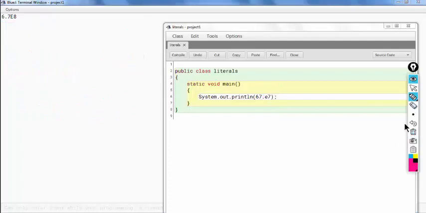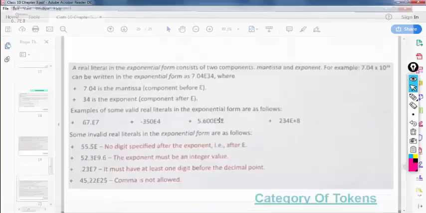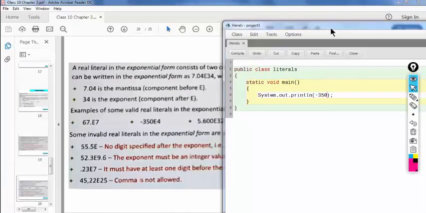Let's take the second example from the book: minus 350 E4. The number is minus 350 E4. So let's see the output for this.